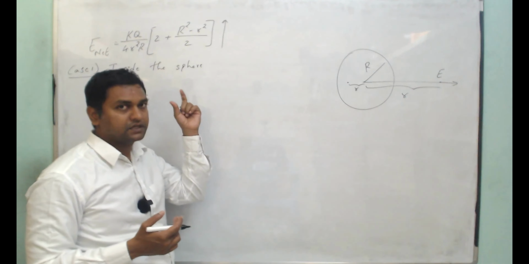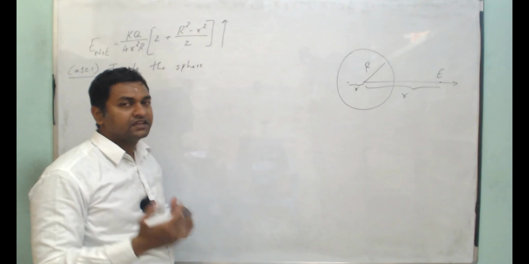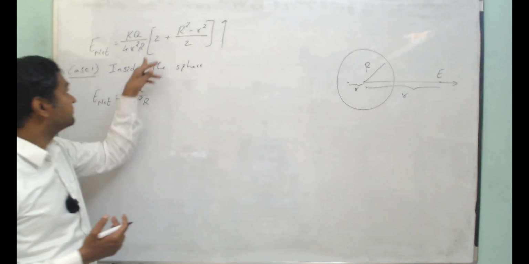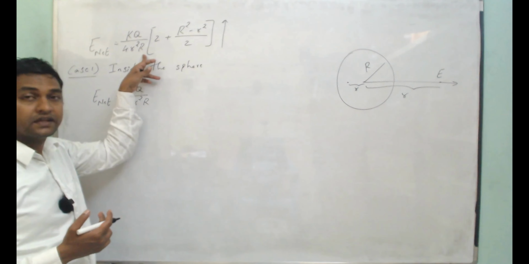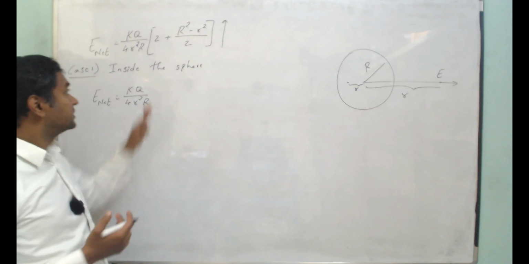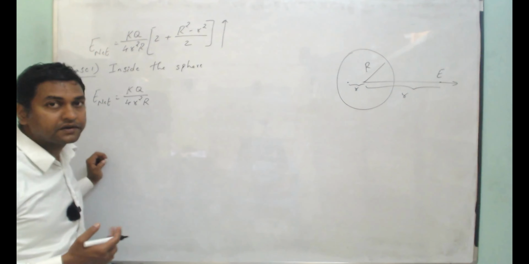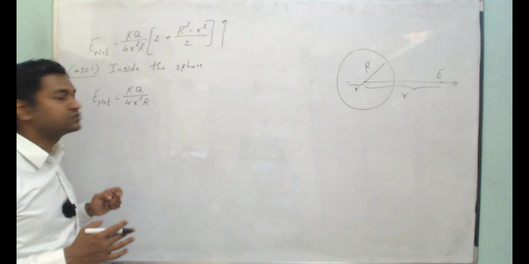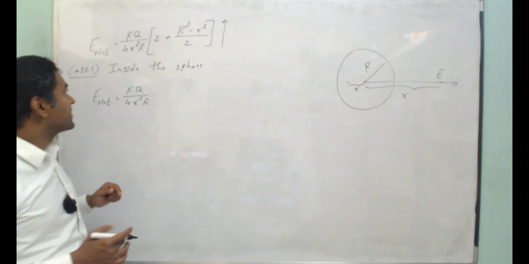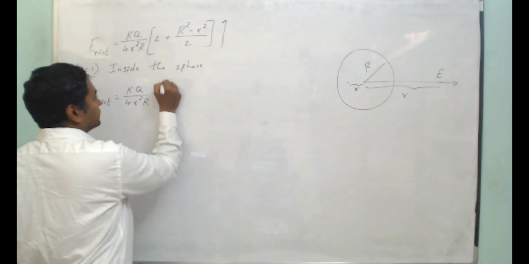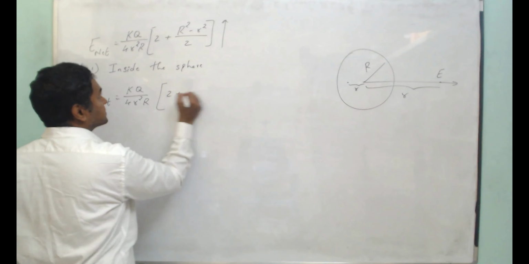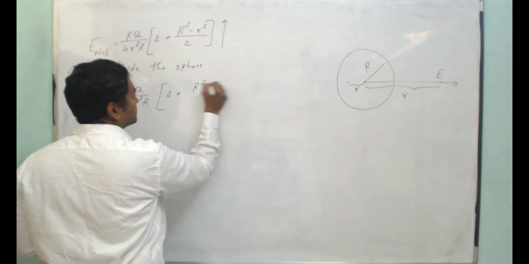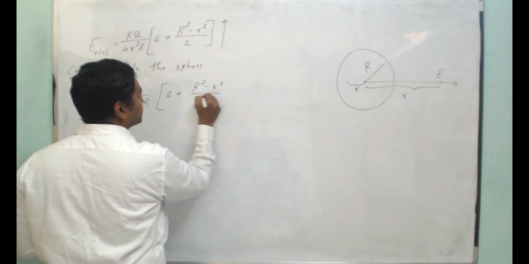It will come as capital R actually. Z plus R square minus small r square divided by Z.